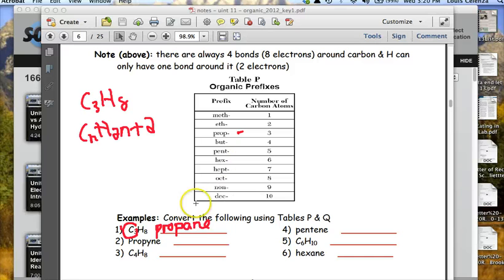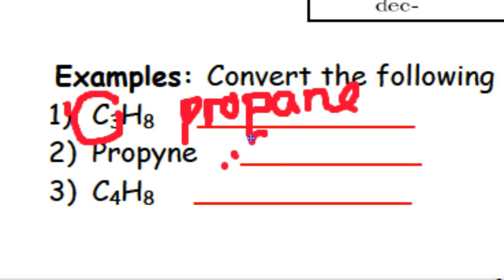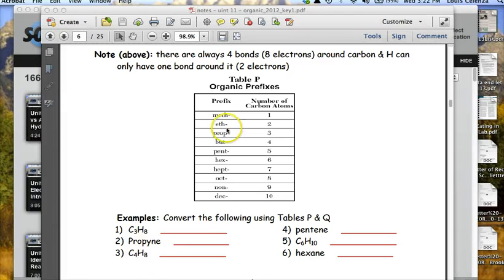Number 2, now they've given you the name. It's prop, so you know it begins with 3 carbons. Notice it ends in Y-N-E, so it is an alkyne. Here's the formula for alkynes, CnH2n minus 2. Okay, let's try it again.